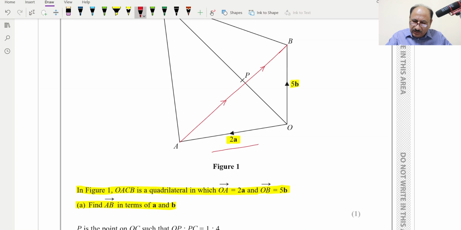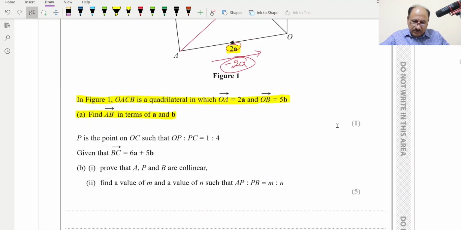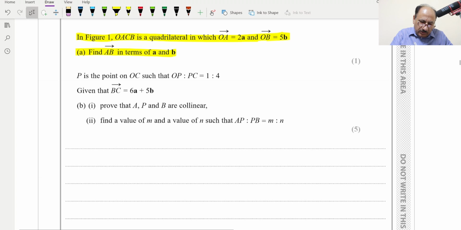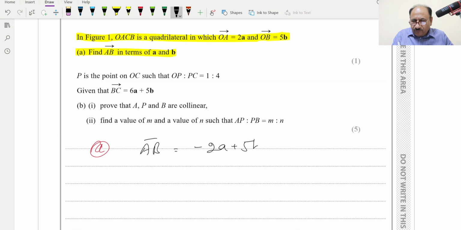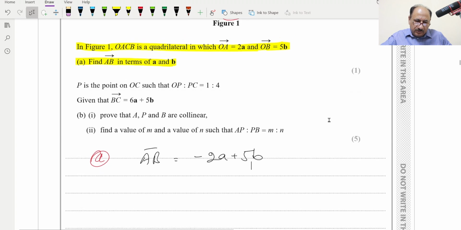We can take this direction, and this direction will be negative of this, so minus 2a, and then this direction, so minus 2a plus 5b will be equal to AB. We can write our answer for part A: vector AB is equal to minus 2a plus 5b. This will be the part A answer.